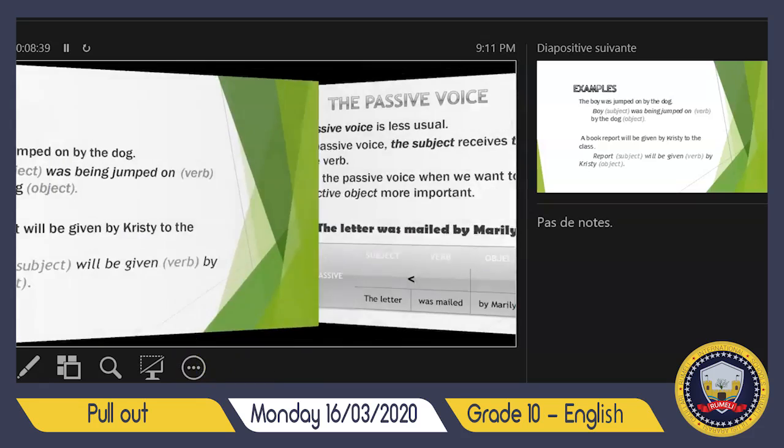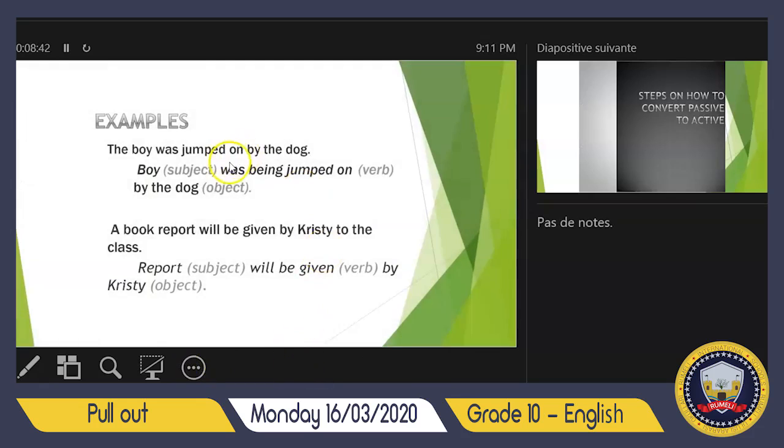Now, let's look at the examples. The boy was jumped on by the dog. Who is the subject? The boy. Was jumped on, verb, by the dog, object. So here you see the object is more important than the subject. Okay? And here let's look.